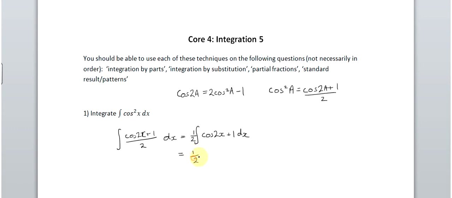So it's a half. Cos 2x goes to a half of sine 2x, and then 1 obviously goes to x plus c, and finally multiply it out to give us a quarter of sine 2x plus x over 2 plus c.